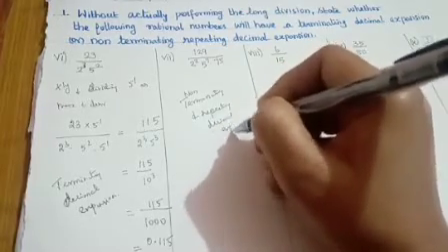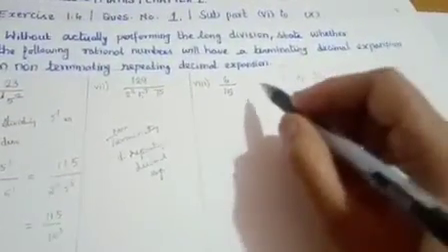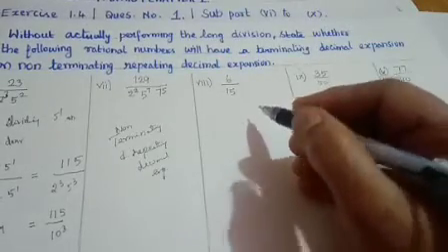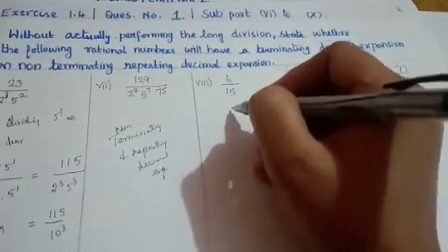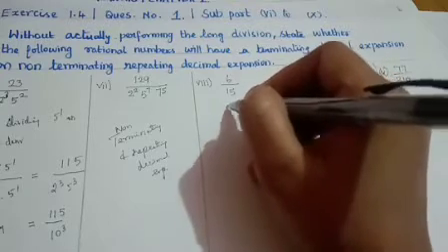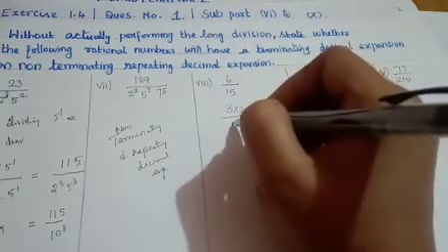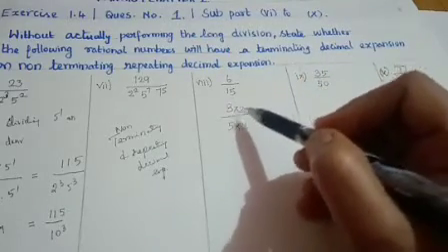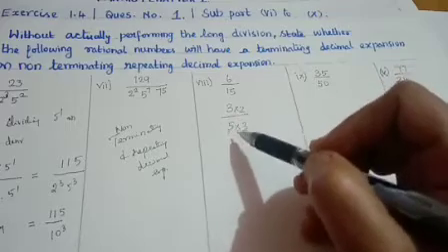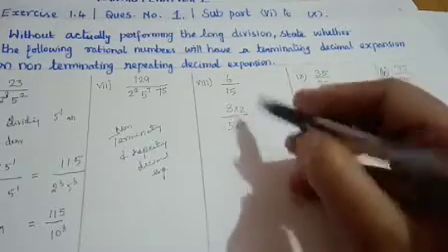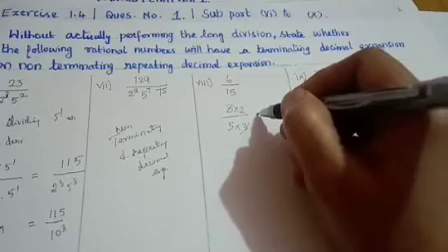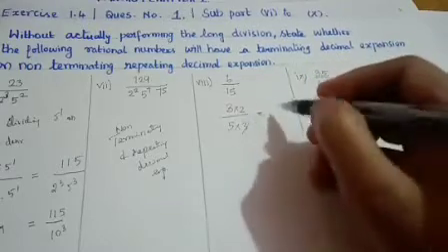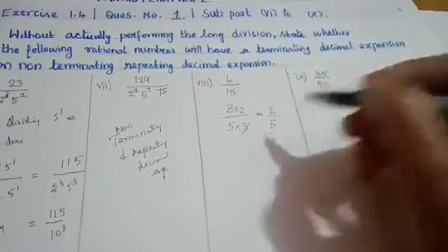The next problem is 6 by 15. 6 can be rewritten as 3 into 2, and 15 is rewritten as 5 into 3. So the 3s cancel, and you will get 2 by 5.